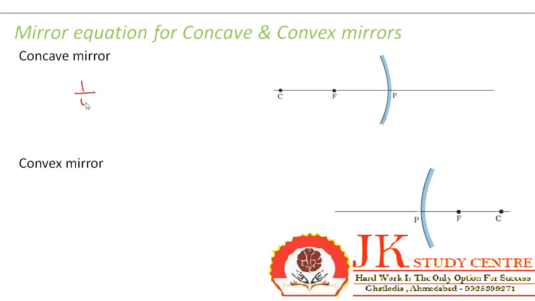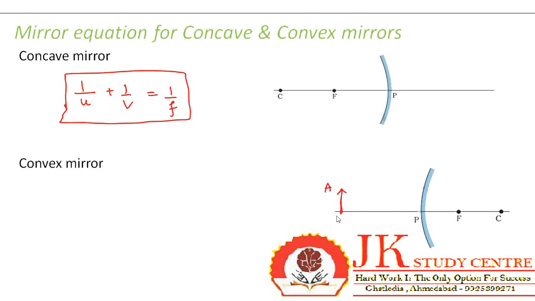But now I'll show you, if for concave mirror you wrote 1 by V plus 1 by U is equal to 1 by F, considering sign convention, what will be the mirror equation for a convex mirror? What will happen in case of a convex mirror if I assume the object to be some object, say AB? How would the ray diagram look like?